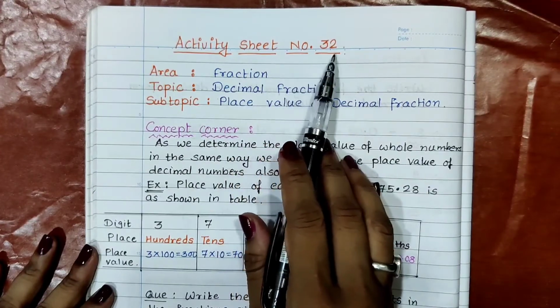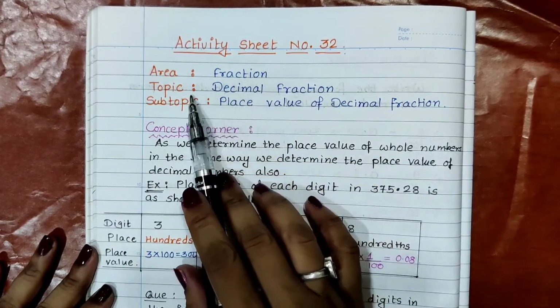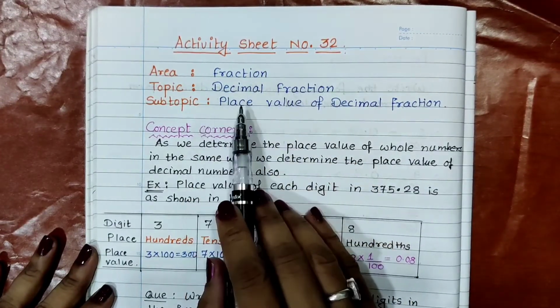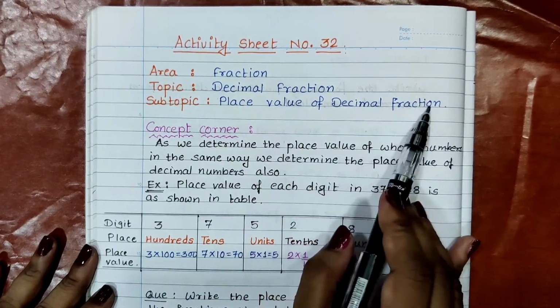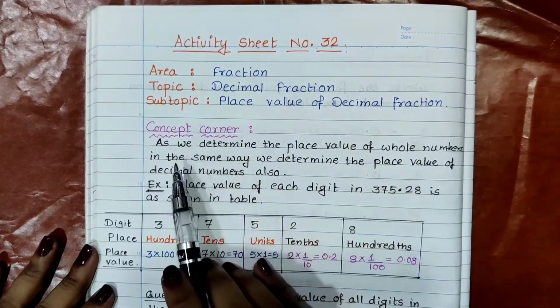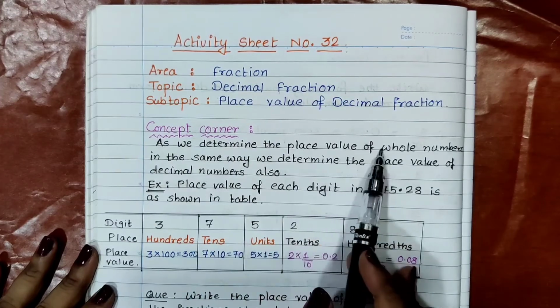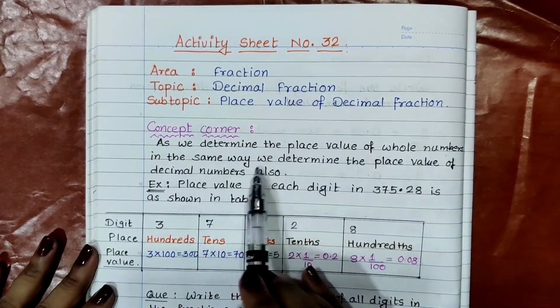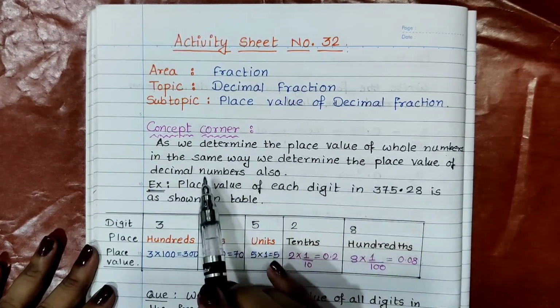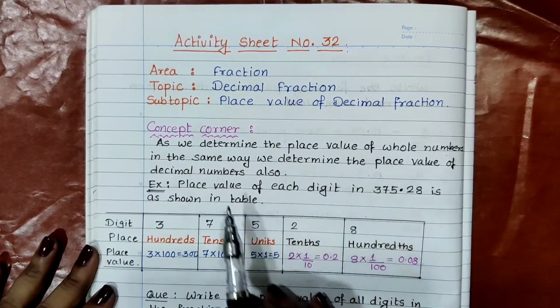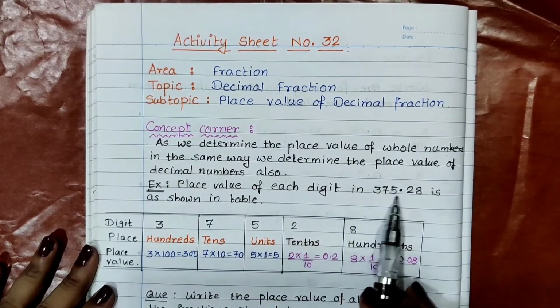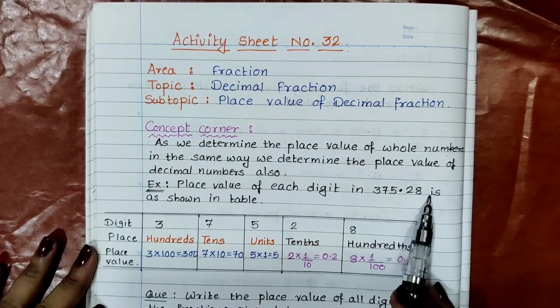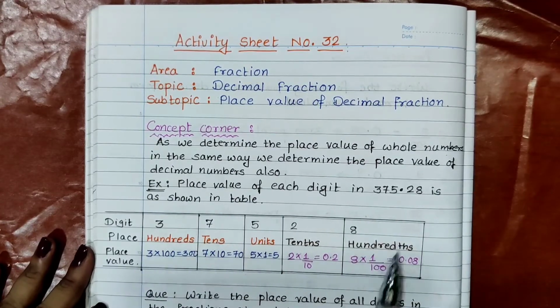Activity sheet number 32. Area fraction, topic decimal fraction, subtopic place value of decimal fraction. In concept corner, as we determine the place value of whole numbers, in the same way we determine the place value of decimal numbers also. Just now I have shown you how 375.28 is written in the table.